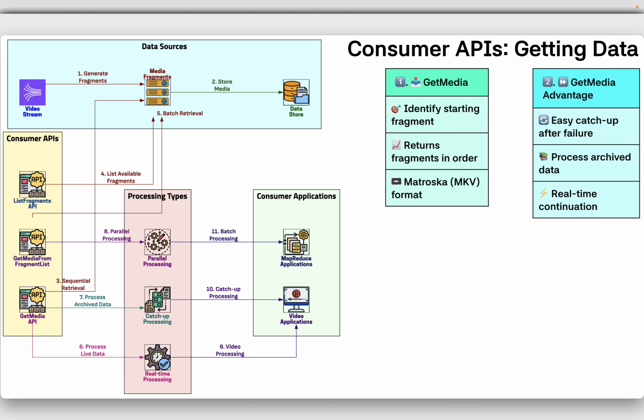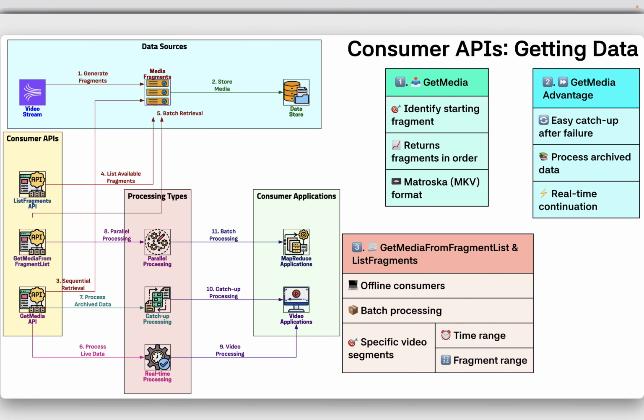GetMedia advantage. So GetMedia helps applications that fail or fall behind to easily catch up. Applications can process archived data, and as the application catches up, GetMedia continues to provide real-time media data. GetMediaForFragmentList and ListFragments. These are two more APIs, and these APIs are for offline consumers, often used for batch processing.